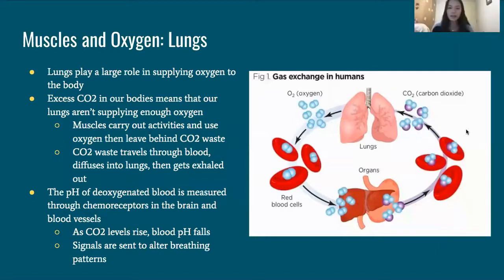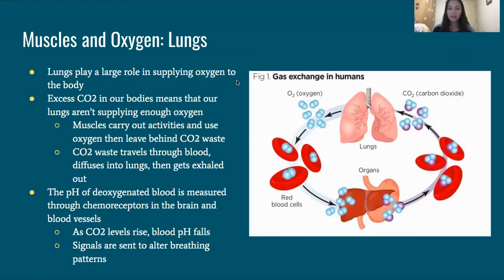So one thing that oxygen is used for is to help with our muscles and how our muscles are used. And one of the largest muscles that we have to bring in oxygen is our lungs. When the volume of our lungs increases, the pressure decreases and air is able to come in. And when the volume decreases, pressure increases and lets us exhale.